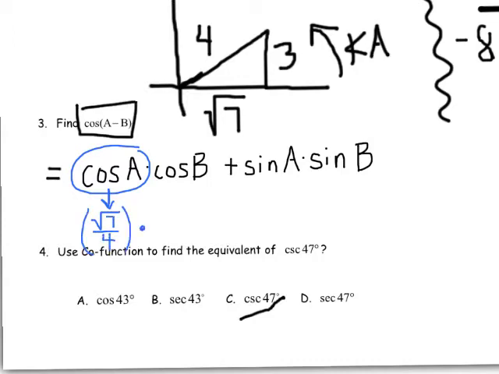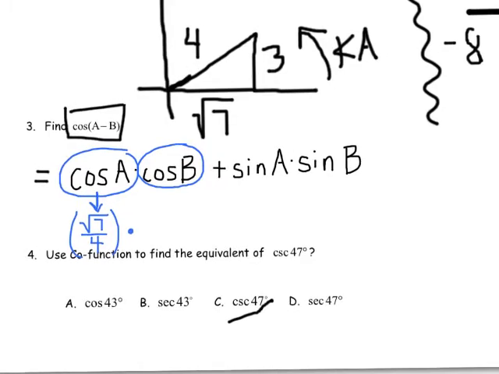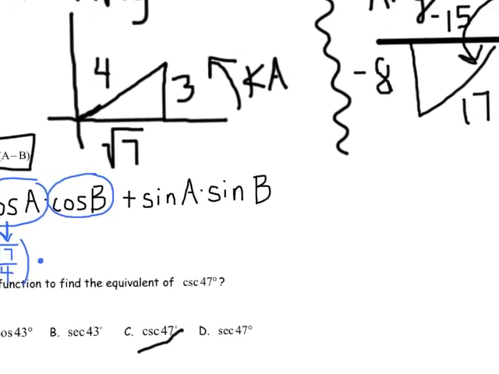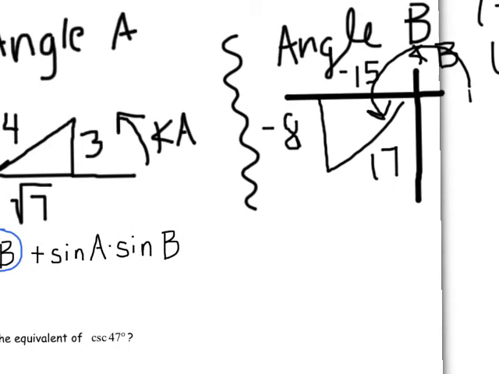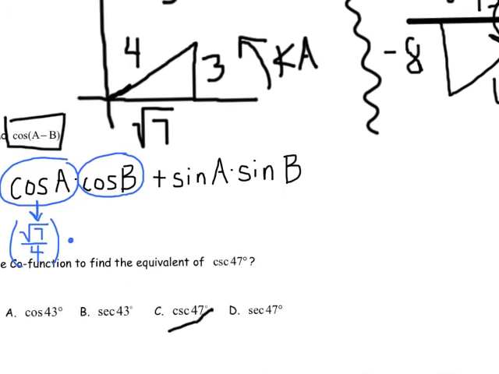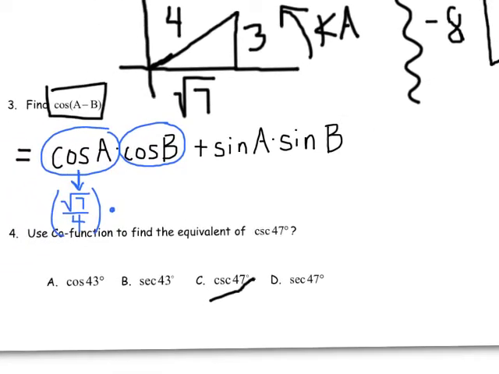Now times cosine of B. Well, now I need to look at angle B. So I'm going to come over here and do cosine again. So cosine of B, so this is my B. Cosine of angle B is equal to adjacent over hypotenuse. So negative 15 over 17. Sorry, over 17. So negative 15 over 17.